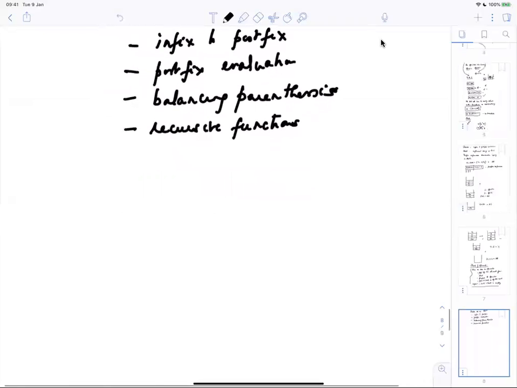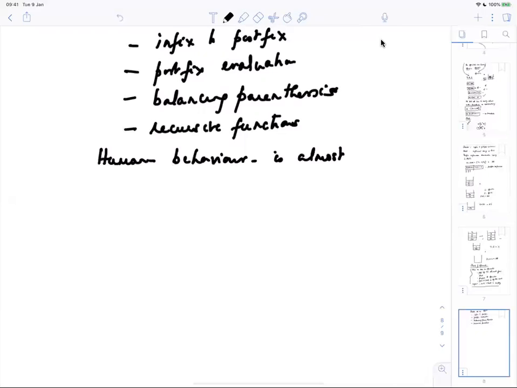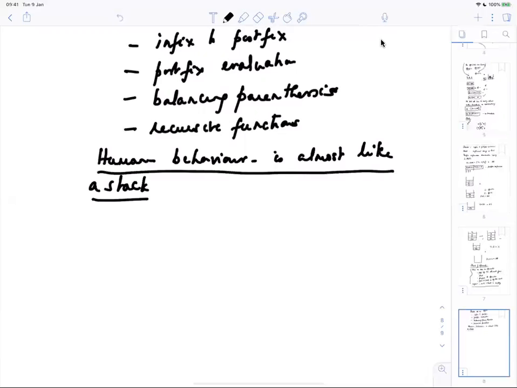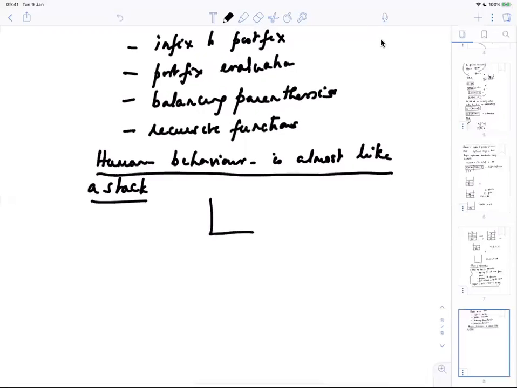So there are many applications of stacks, and it's interesting that we believe that even human behavior is almost like a stack. Let's see how this happens. You're attending this particular class. In the meanwhile, there is a side chat from your friend. So you put my lecture on top of the stack, then chat with your friend.